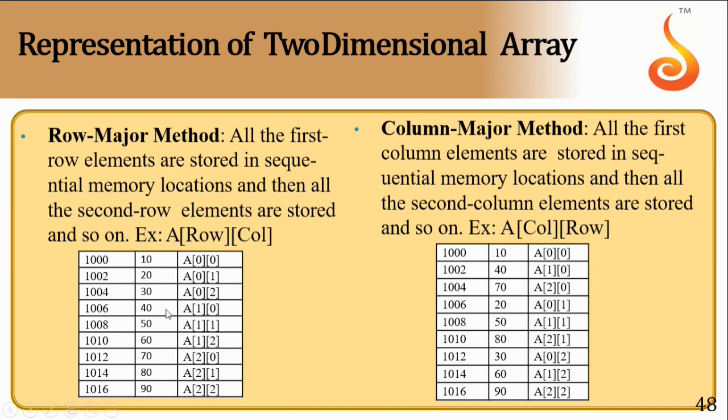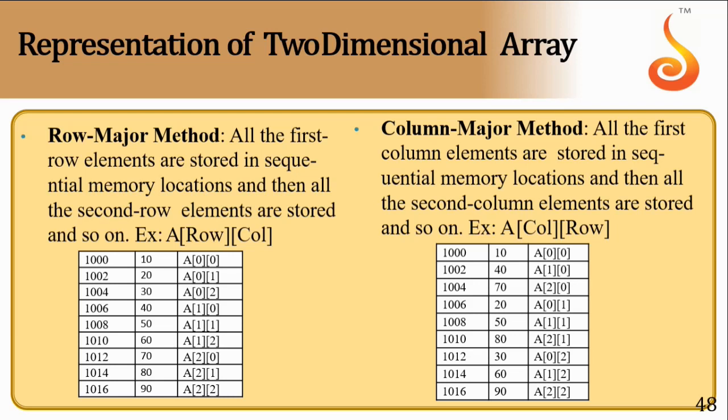Whereas 40 is stored here in row major, in column major, 40 would be stored here because I am storing the 0th column first, then the first column, and then the second column. So 40 would be stored because 40 is in first column, 0th row. Then you have the second column, 0th row.